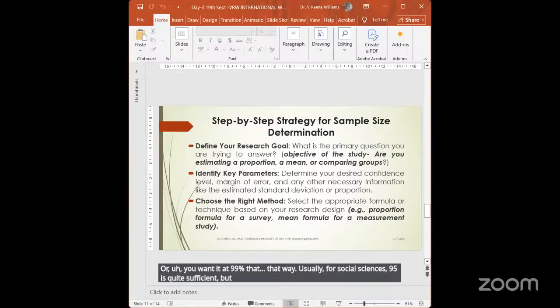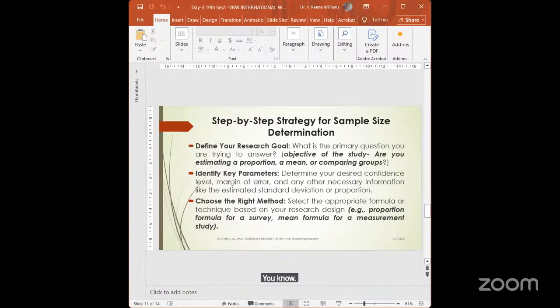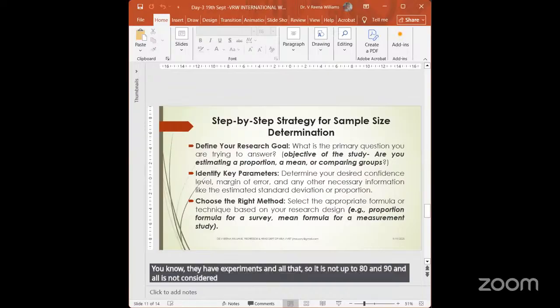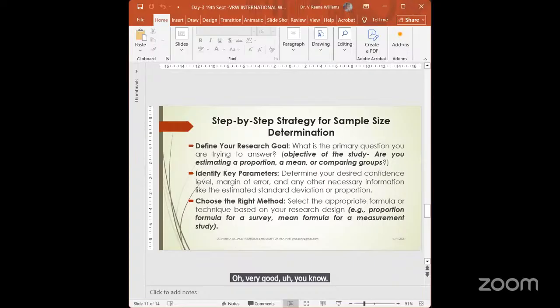But when you're doing something like basic sciences, they prefer 99% because they have experiments and all that, so 80 and 90 is not considered suitable for them. They go for a higher percentage. But for social sciences, 95 is a very good limit. Your parameter is quite sufficient.